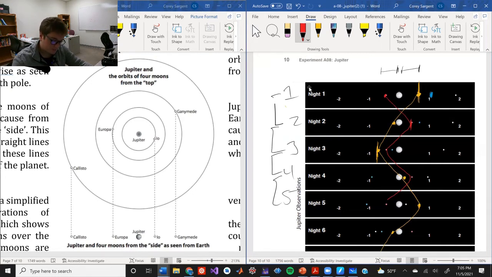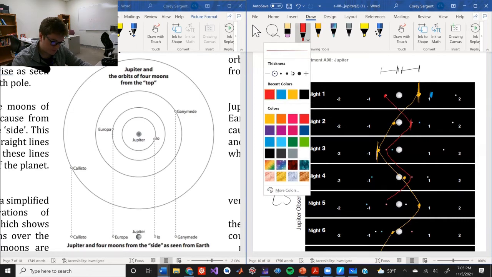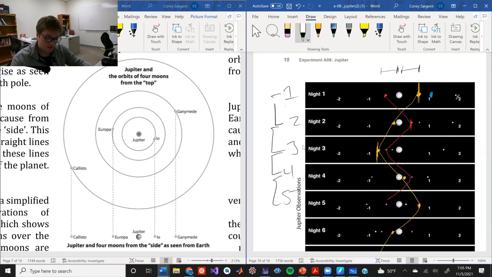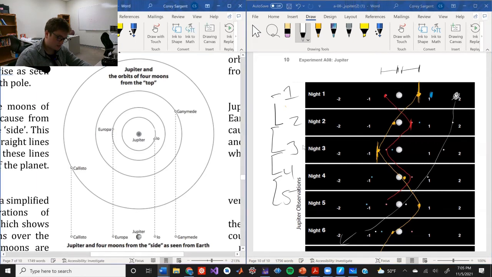And the white moon is actually all the way out here. We see that it takes a while to go all the way. So we see that the red moon actually has the smallest orbital radius. Well, let's look at this image on the left-hand side. We see that the smallest orbital radius is this one, and that is little Io.